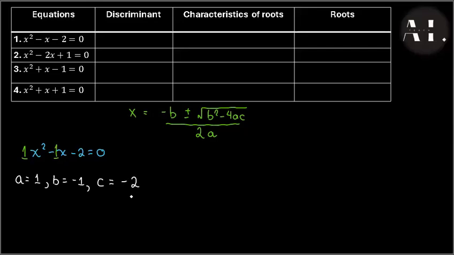Now calculate the discriminant by the given formula b squared minus 4ac. Substitute the values of a, b, and c. Further simplifying, we will get the square of negative 1 is 1.